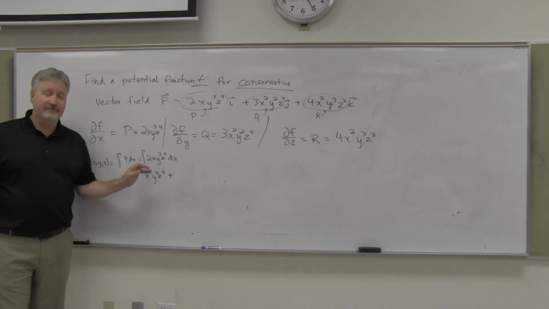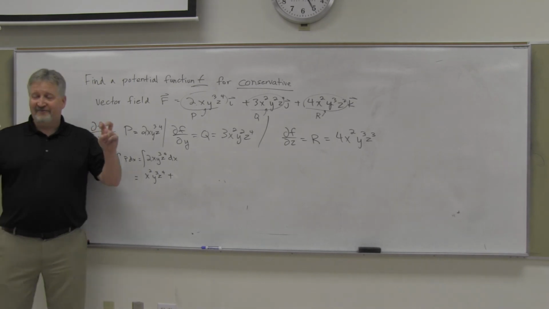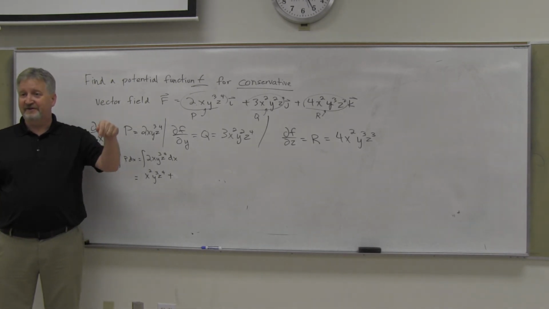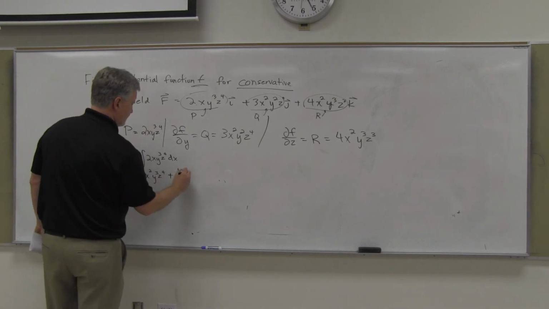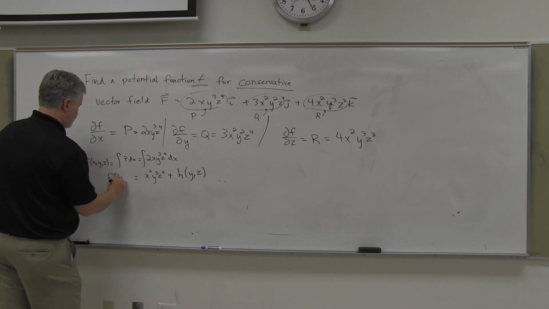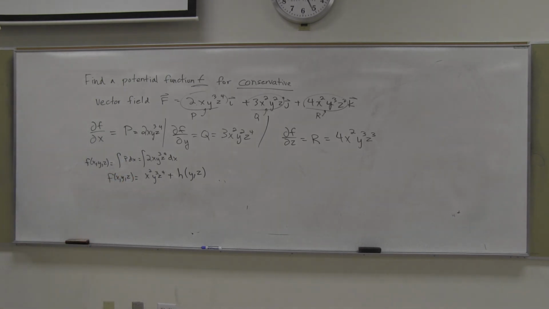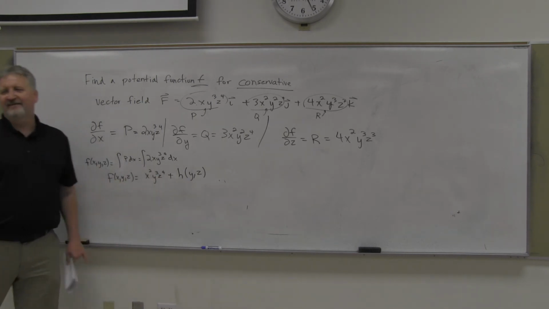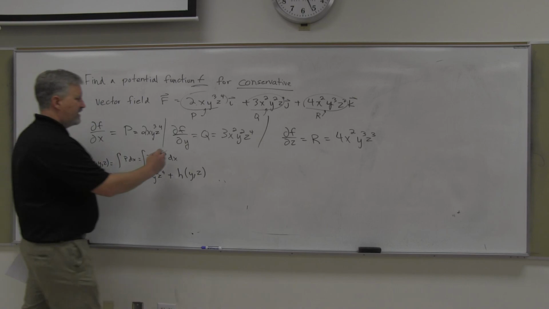Well, since I'm doing antiderivative with respect to x, the constant could entail a function of the other two, y and z. So unfortunately, the other part could be kind of complicated. It won't be too bad. So here's how I use the other two.